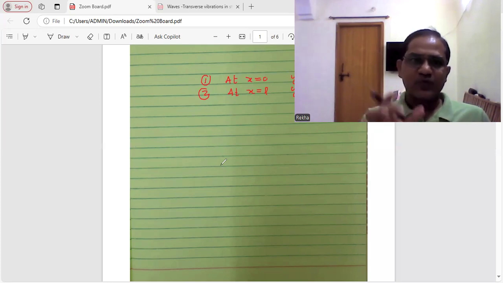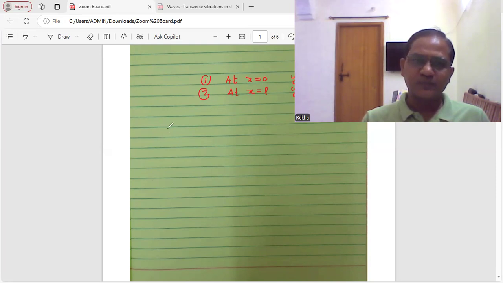Because both ends are fixed, the particles of the string cannot vibrate freely. Therefore, the displacement of the vibrating particle at those positions must be equal to 0. So first end at x is equal to 0, displacement y equal to 0.